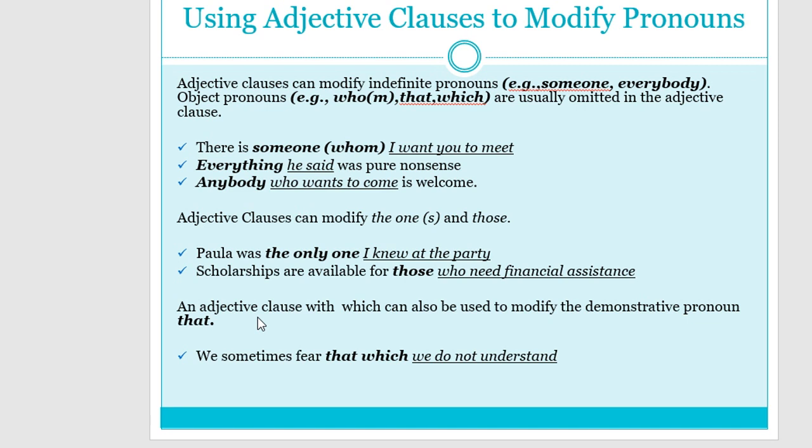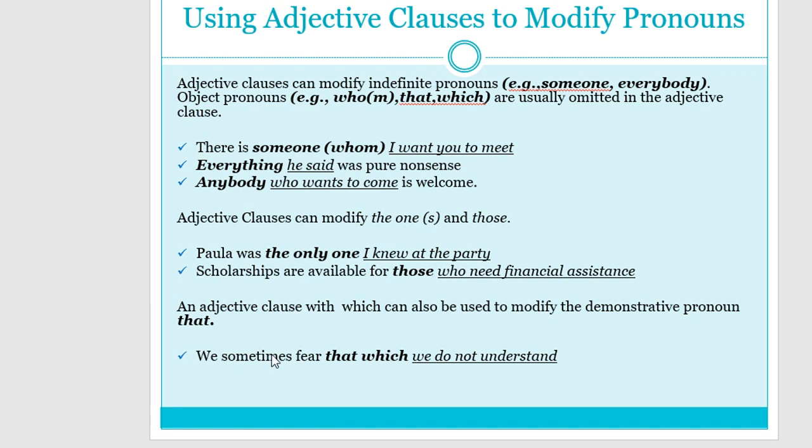And again, an adjective clause with which can also be used to modify the demonstrative pronoun, like that. We sometimes fear that which we do not understand. You can omit one, so no need to put that and which in the same sentence.